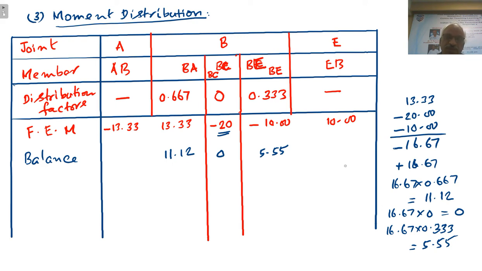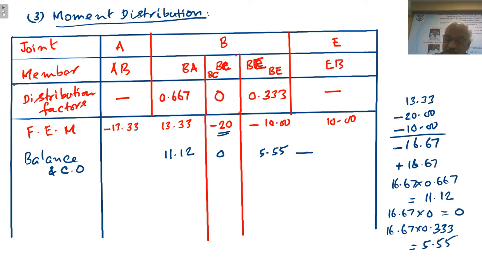No question of distribution. When we distribute, there will be a carryover to the opposite end. So from A or from E, when there is no question of distribution, there is no carryover from E to B or A to B. No carryover. Therefore, this balancing will not be disturbed further. Once for all, balancing is over. Therefore, when balancing is over, we can do carryover also, and carryover only to the ends.